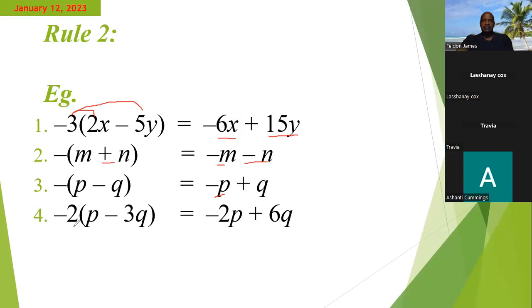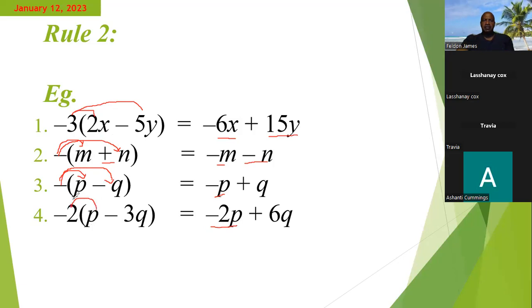All right, -2 times p. Remember, we are still doing the distributive property, and so we are distributing what we have outside with what we have inside. So -2 times p will give you a -2p.